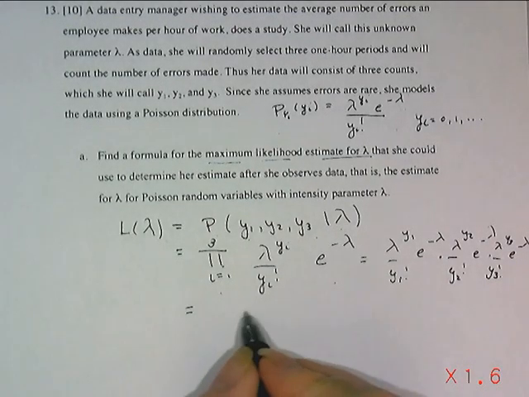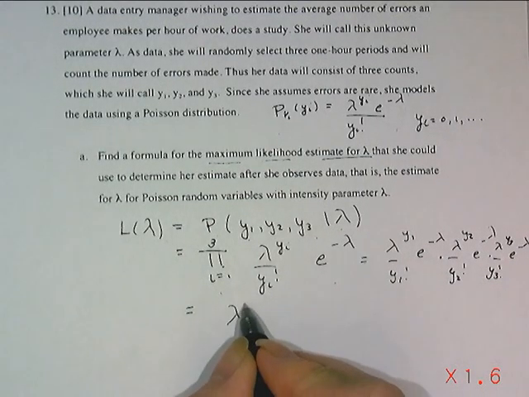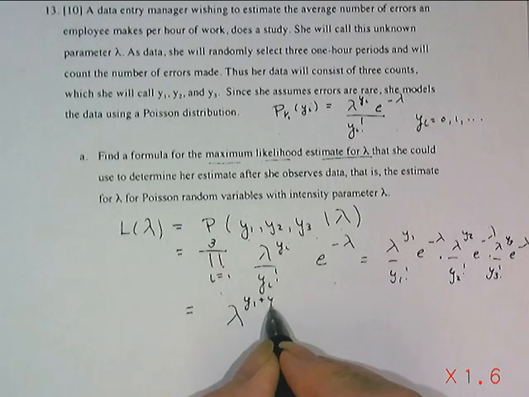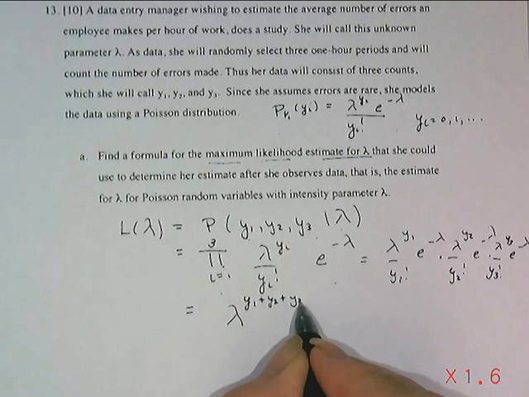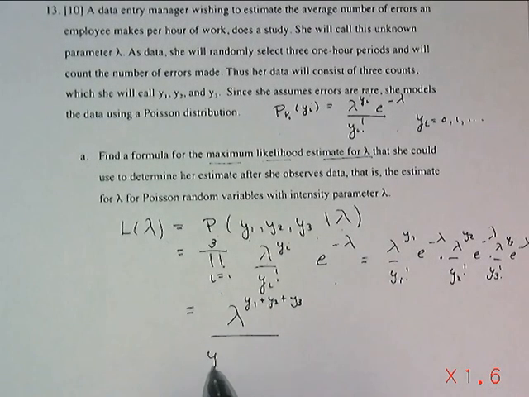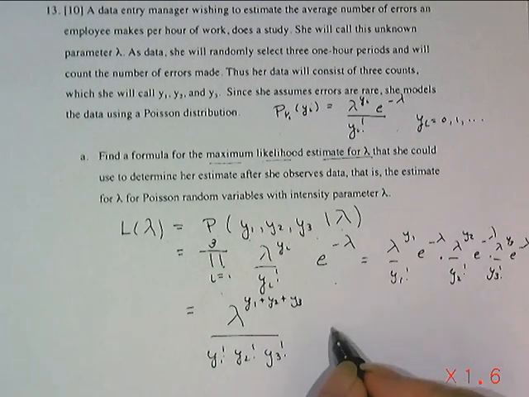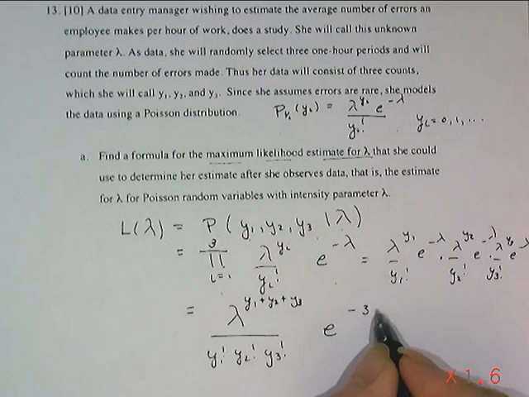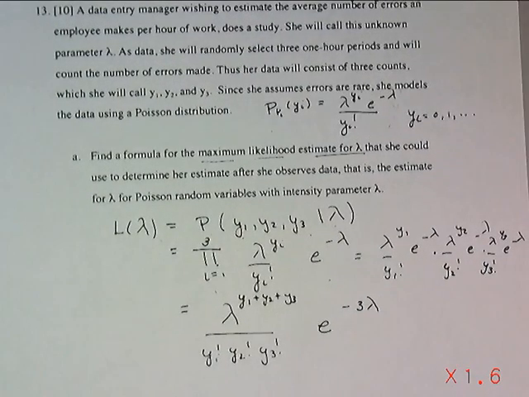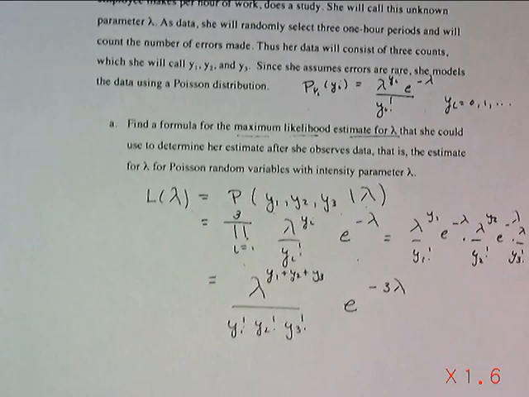This is actually just lambda to the y1 plus y2 plus y3 divided by y1 factorial times y2 factorial times y3 factorial times e to the minus 3 lambda. So that's the likelihood function.